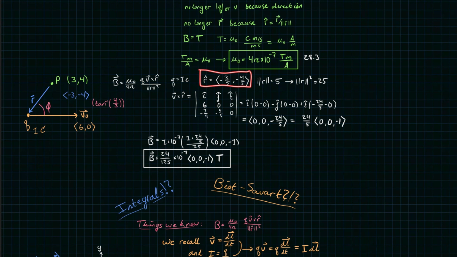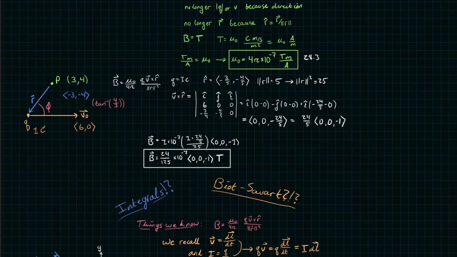And that is -3 over 5, -4 over 5. The magnitude of that vector is 5, and that magnitude squared is 25.